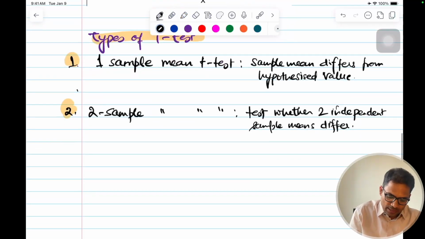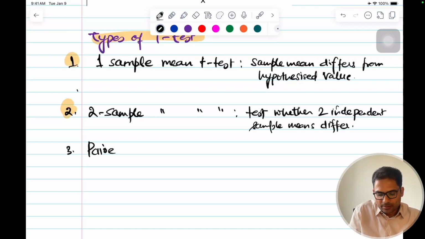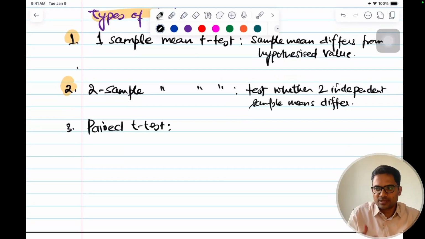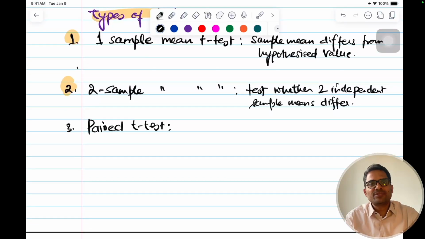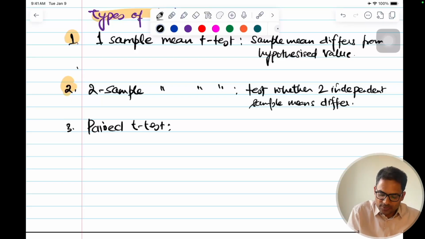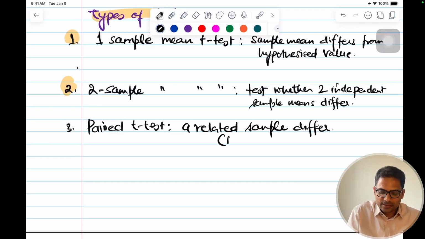There's one more, which I mentioned earlier: the paired t-test. I won't discuss it, I'll just mention it. This is to test whether a related sample differs. Related means before and after a change.